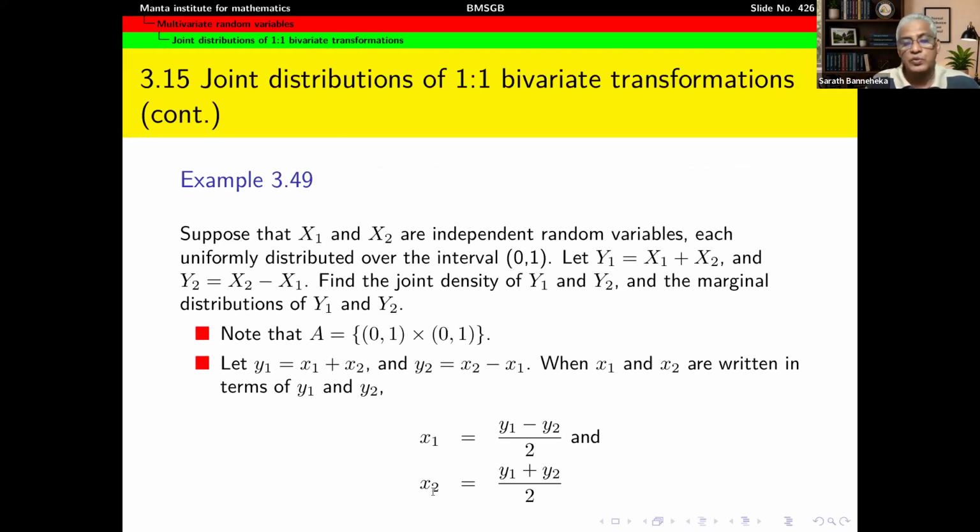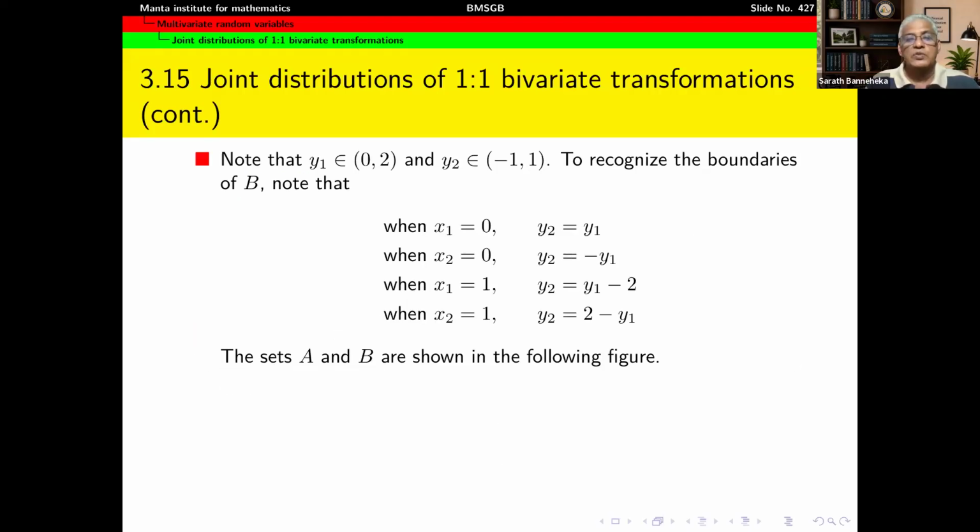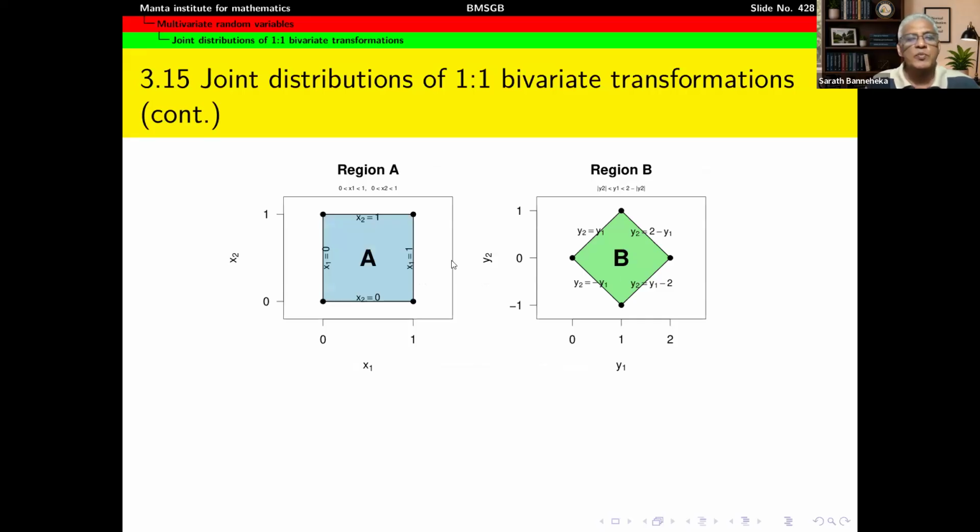And when x2 is equal to 1, you get y2 is equal to 2 minus y1. Right? So therefore, you get these two lines. Now, B will be bounded by these lines. So when I draw these lines, y2 is equal to y1, y2 is equal to negative y1, y2 is equal to y1 minus 2, and so on, you get this picture. So our transformation is going from any point in this set to this set.